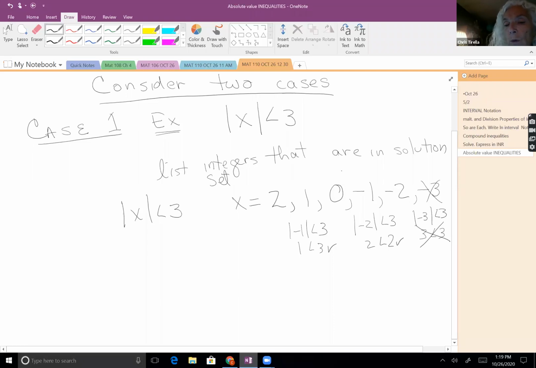And so looking at the integers that worked, does it make sense that if the absolute value is less than a number, what I'm taking the absolute value of here would have to be in between -3 and 3?